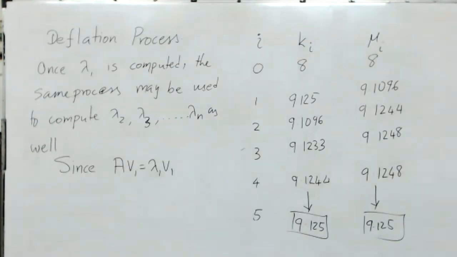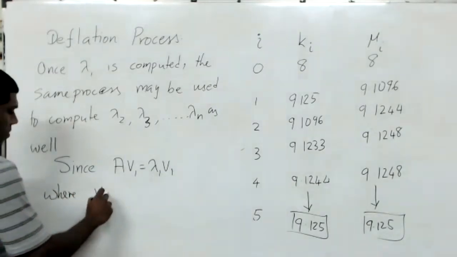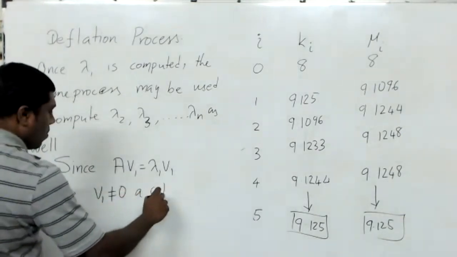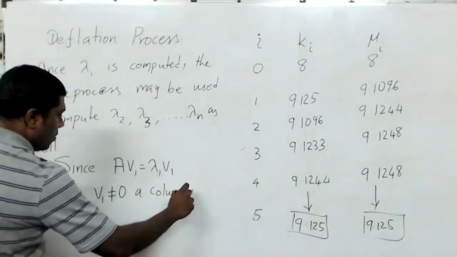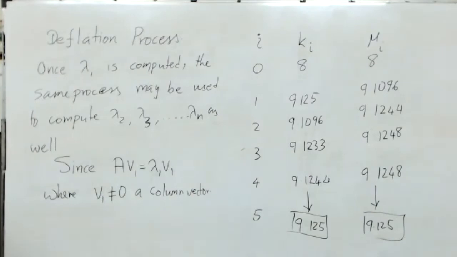We all know that. B1 is a column vector, you all know.